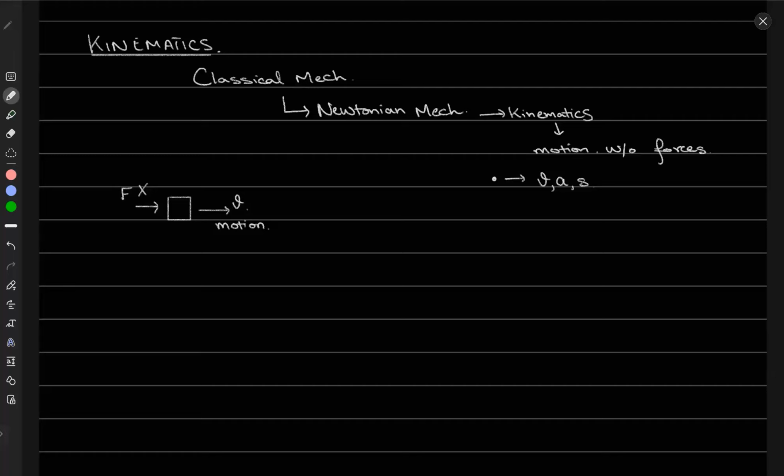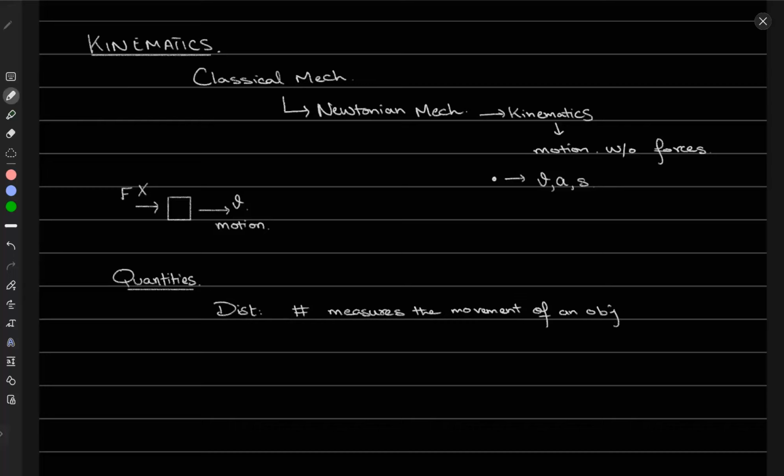So let's start off by discussing some of the quantities in kinematics. Now, the first quantity, I'm sure you know about, is distance, right? So distance is defined as just a number which measures how much the object has moved, right?